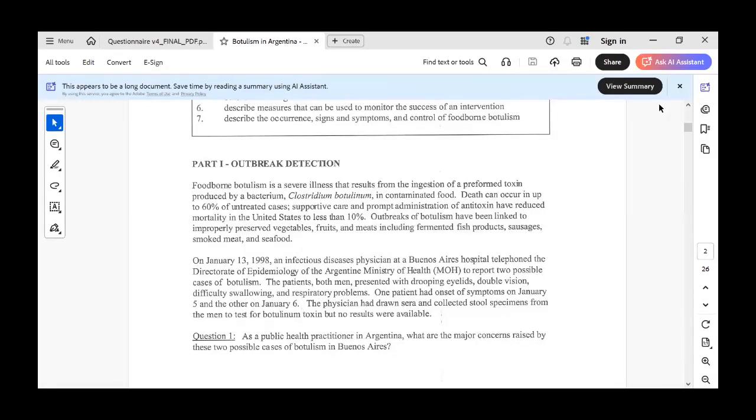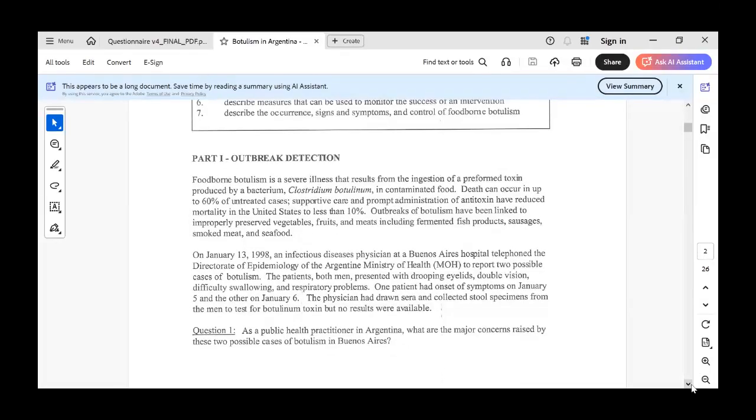So a single case of foodborne botulism is a public health emergency that might herald a larger outbreak. And therefore, we have to act quickly, including an immediate search for other possible cases, and to identify the food source. As we said, these are possible cases of botulism, so we want to confirm the diagnosis as well.